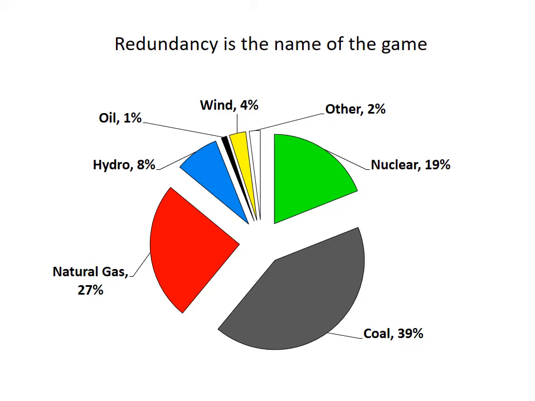So, a key element of system planning in most power systems is, number one, a diversity of resources. And part of that's because you have different levels of flexibility with different types of generation.